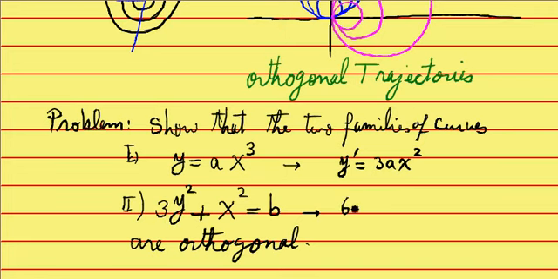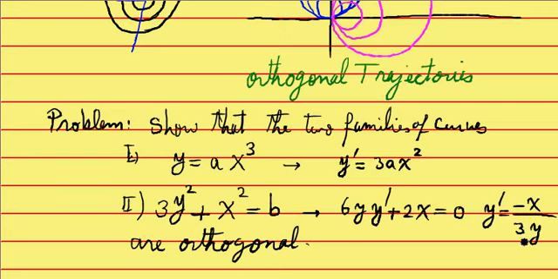Derivative of this one is 6y y prime. Derivative of the other one is just 2x, and b is just some constant. Derivative of that will be 0. From here I find out that y prime is equal to, simplifying by a factor of 2, minus x divided by 3y.